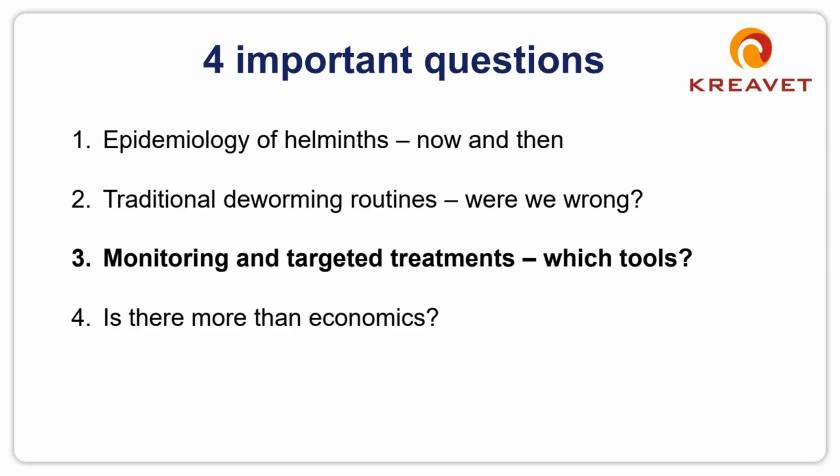So if we close this question, traditional deworming routines, were we wrong? Well, maybe we were not wrong, but we need to adapt. We need to adapt to the new situation. So the traditional deworming routines, they have worked very well, but today we need different approaches because of different reasons.